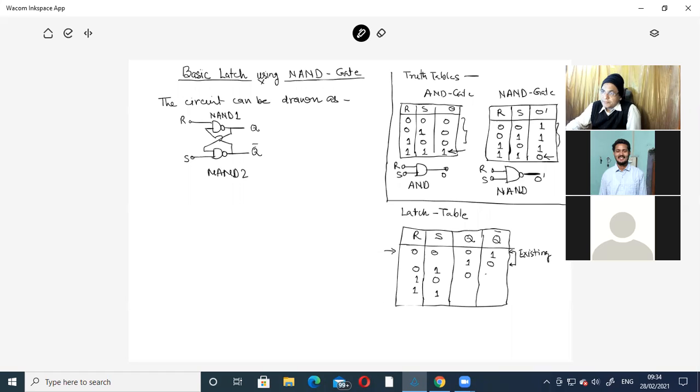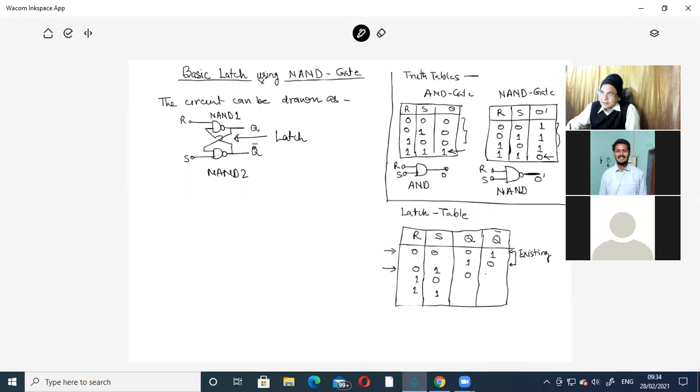The output of NAND 1 is fed to the input of NAND 2 with S, and this one is Q bar. So Q and Q bar are the two outputs, and R and S are the two inputs of the latch. This cross connection is known as the latch. So we take case 1, 0 and 0, as it is.